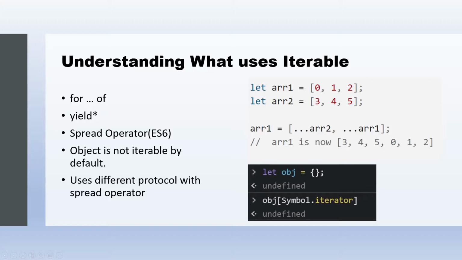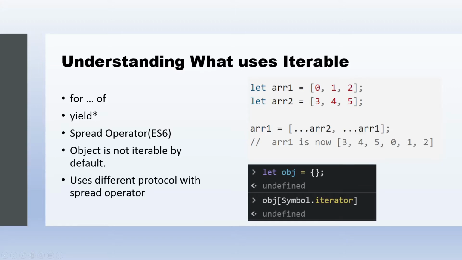So now you might think, is object iterable as well, because we're able to use this spread syntax with it? Actually, this object is not iterable by default in JavaScript, and it actually uses a different protocol with the spread operator. So we can confirm this by going to the console or the DevTools of your browser.